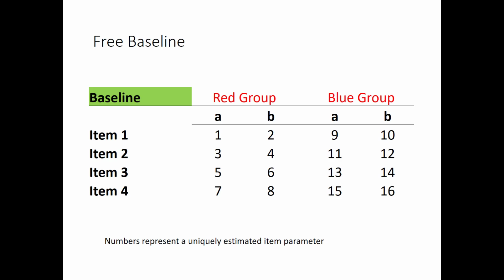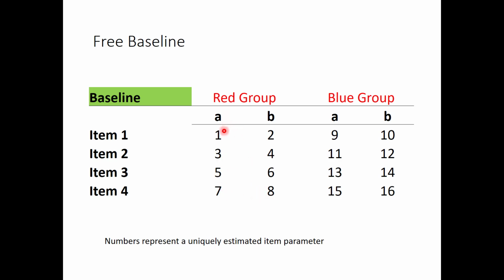So what you're looking at on this slide is a situation where we've got two groups, a red group and a blue group, and we have A and B parameters for each of those two groups. So a two-parameter model, just to keep it simple, and we've got 4 items. The numbers you see come from old notation used in the literature, where you number the item parameters that you're estimating.